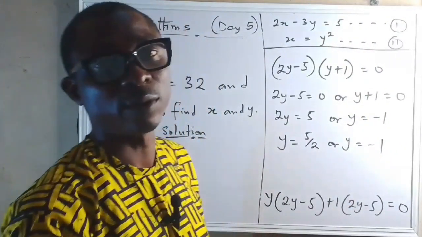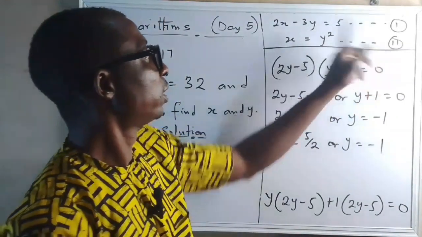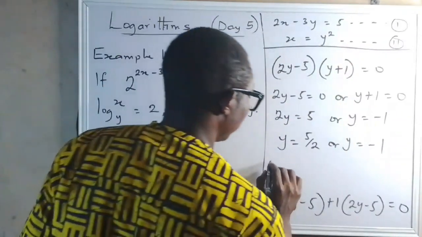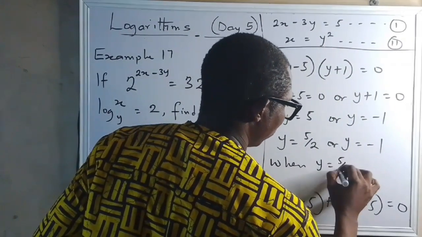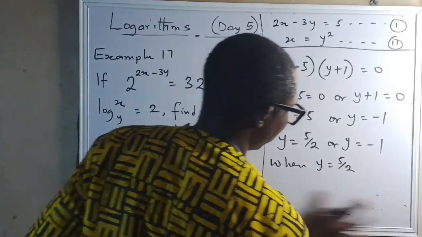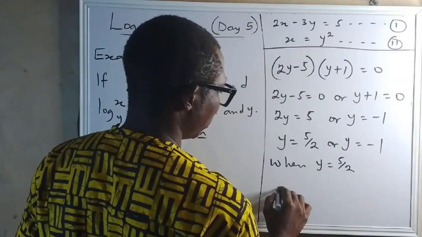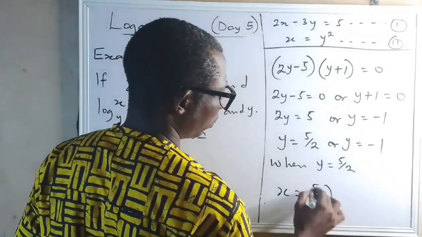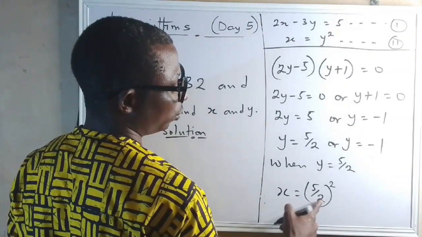So now let's get the corresponding value of x. Look at equation 2. x equals y squared. So when y equals 5 over 2, what is going to be the value of x? x will be y squared, so that's 5 over 2 raised to the power of 2.